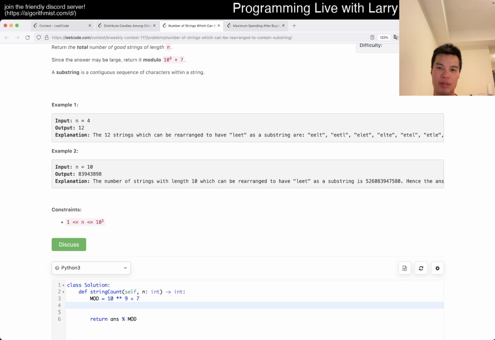Okay, so now we have these strings, and is it just 26 times whatever? Let's see, right? What is 26 to the 5th, or to the 6th? Okay, fine.